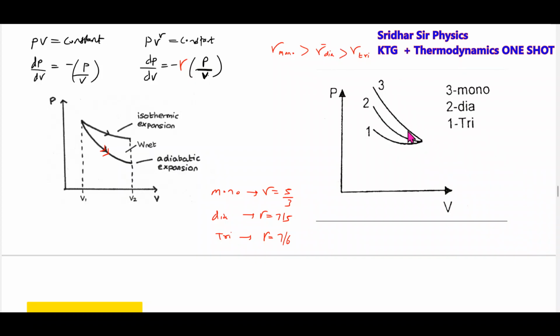So the slope for monoatomic gas should be more than that of diatomic. So this will be the monoatomic, this will be diatomic, this will be triatomic. So this gas will be monoatomic, this will be diatomic, this will be triatomic.